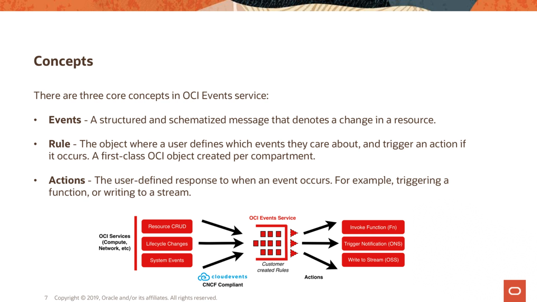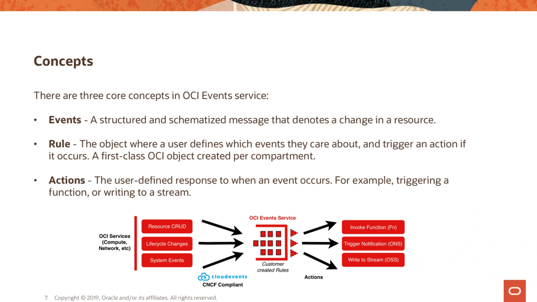And that brings us to actions. So rules also specify an action, as I mentioned. These are triggered when the filter in the rule finds a matching event. Actions are responses you define for the event matches. There is a defined set of actions that you can choose from to execute.